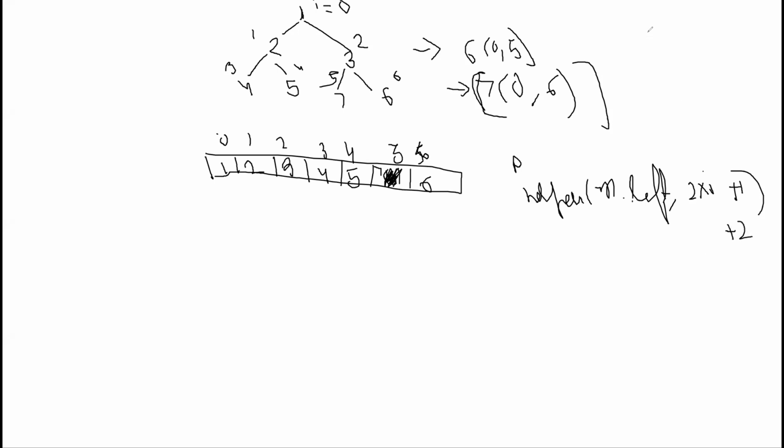The first time when the helper is called, it will send root and 0. Got it. So for now, I'm not doing level order traversal. I'm just doing simple recursion where the parent will call its children, and in the base condition, I will check, now I got some index 2i plus 1, whether it is in the range or not. So if 7 is missing, 5 is still in the range, right?